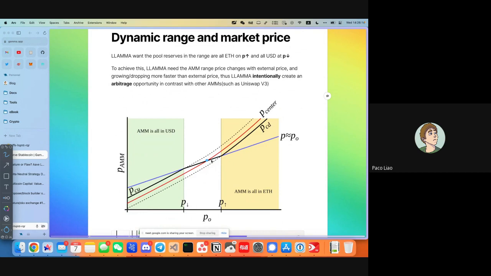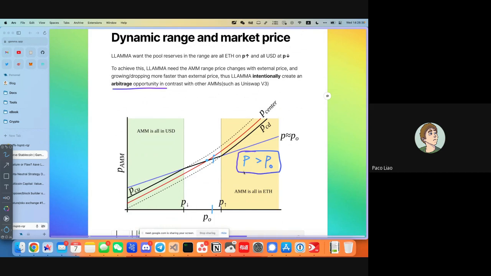But with the external price increasing, the blue line increases to here. At this point, the red line is increasing faster, so the market price will be higher than the external price, right? So there will be an arbitrage opportunity.